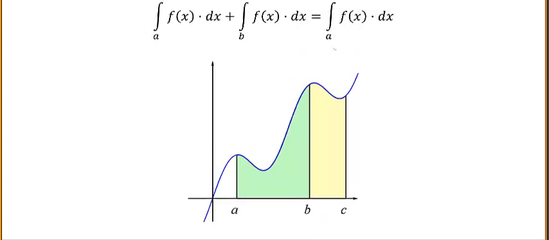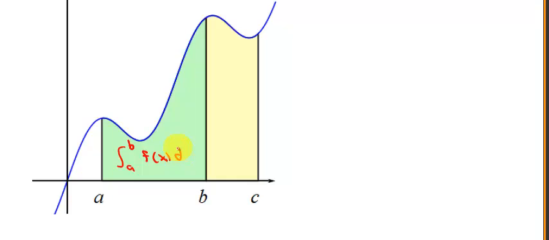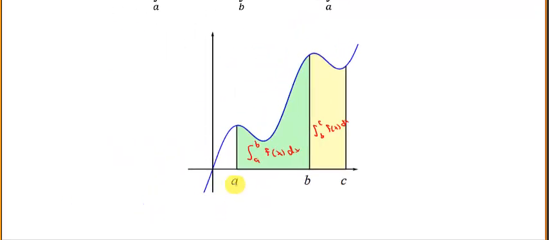And think about the picture of this. The definite integral from a to b of f of x dx would be this area. This would be the definite integral from b to c of f of x dx. And the whole thing, all of that area, would be the definite integral from a to c of f of x dx.